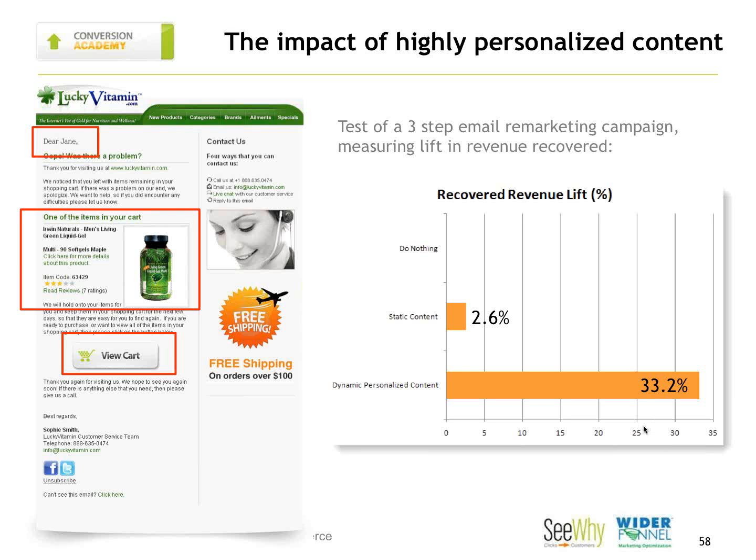So in terms of other aspects of optimization, we've talked about making it personalized, and the personalized can have a dramatic impact. If you look at the recovery rate here, over doing nothing, then static content, which is basically just a sort of simple reminder, you left something in your cart, we're not quite sure what it was, but do come back because we miss you, kind of thing. So not personalized, not really delivering any value.